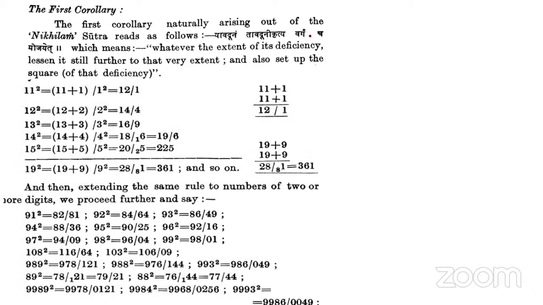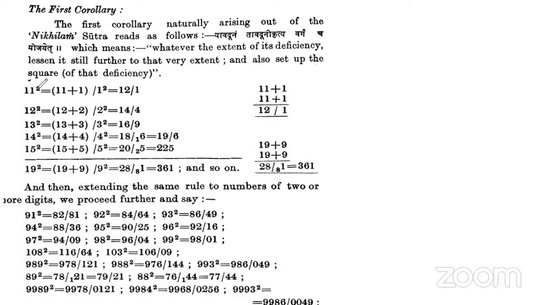That means, let me take some examples. That means simply if you understand the formula meaning, Yavadunam Tavadunikritya, that means how much deficiency is there, whether positive or negative deviation, we have to square that number. Okay, we have to square that number. For example, look at here.